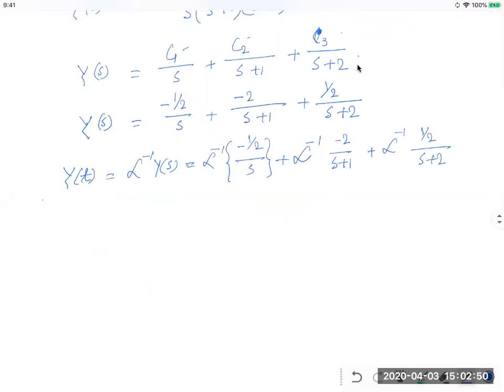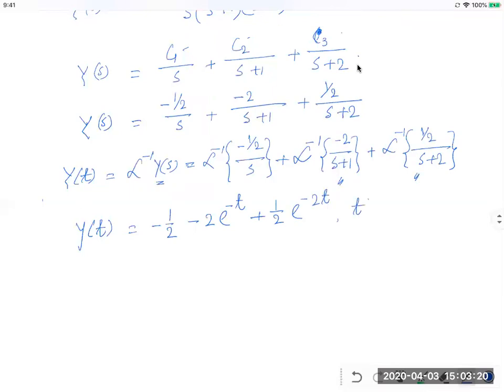So Y(s) is equal to this. So y(t) equals minus half, minus 2 e to the power minus t from this term, and from this one plus half e to the power minus 2t, for t greater than or equal to 0.